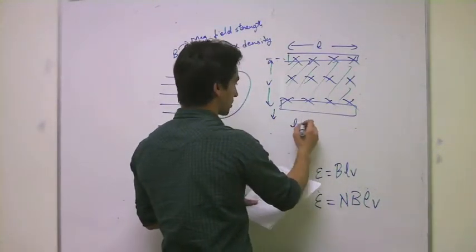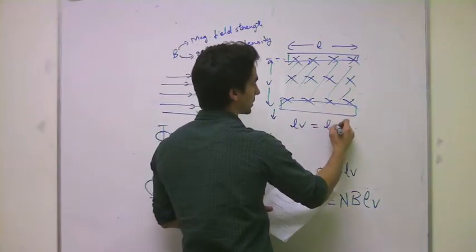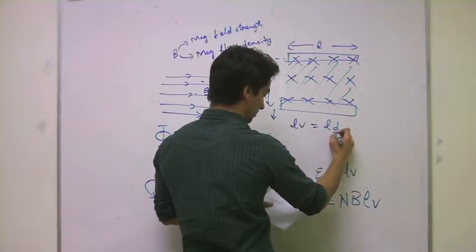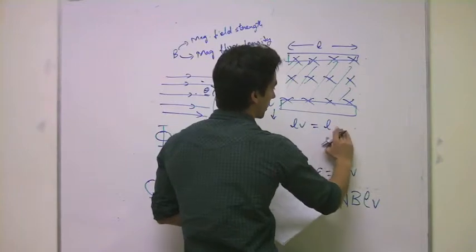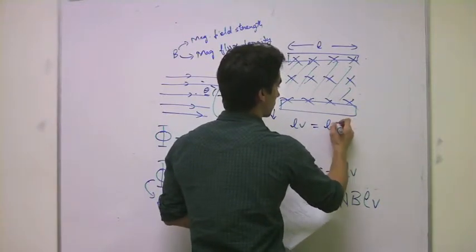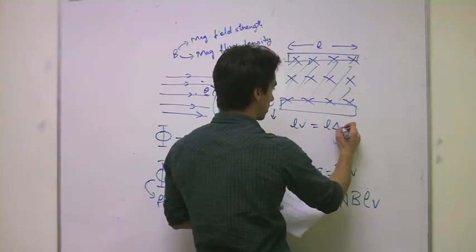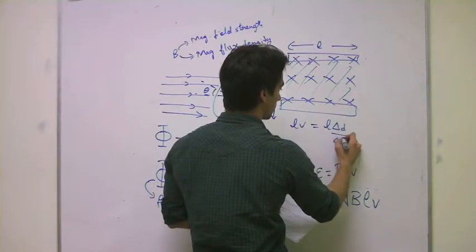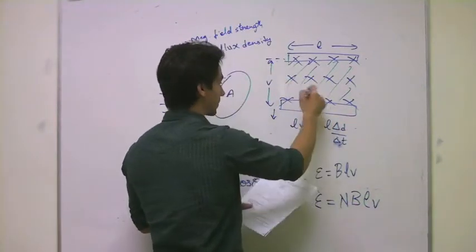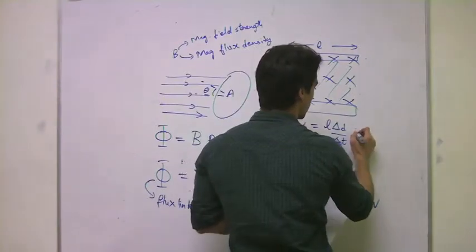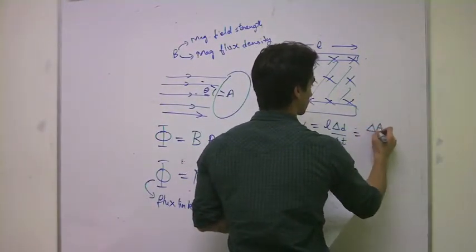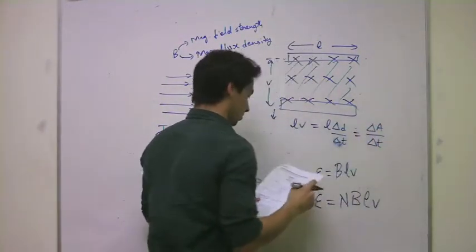So that's the area. So v is d over t, right? Or rather, L times the change in distance over change in time. L times change in distance, like we can see here, is the area, or the change in area with change in time.